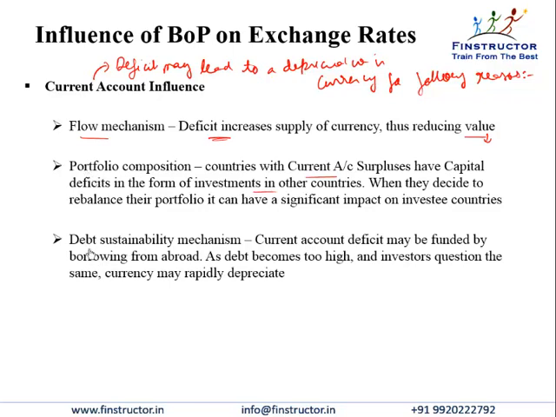And finally, the debt sustainability mechanism also argues that prolonged current account deficits may lead to a sudden devaluation of the currency, because if they have been funded by capital account surpluses or by borrowings from abroad, as debt becomes too high and investors question the sustainability of this deficit and of the debt, they will sell out of your country and buy investments in other countries that they think have better prospects.